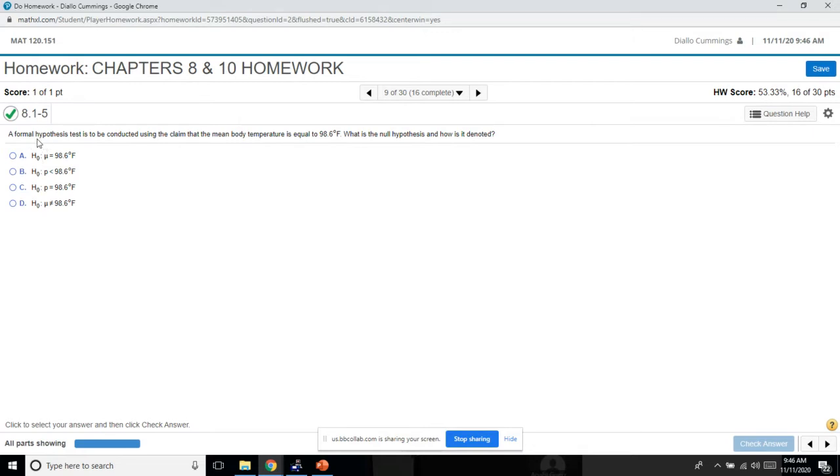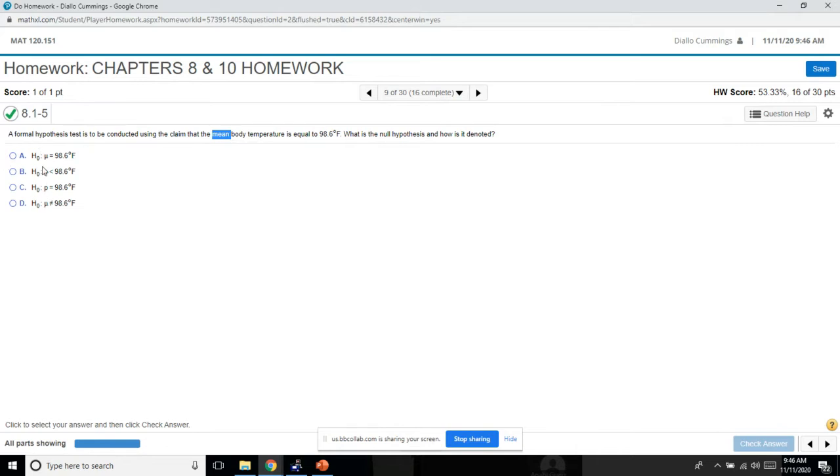This question reads, a formal hypothesis test is to be conducted using the claim that the mean body temperature is equal to 98.6 degrees Fahrenheit. What is the null hypothesis and how is it determined? In setting up our null hypothesis, since we're talking about the mean, we're going to use mu.